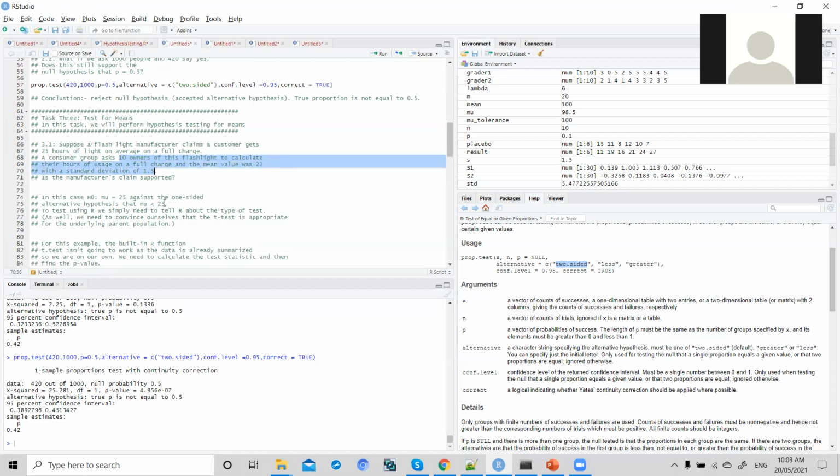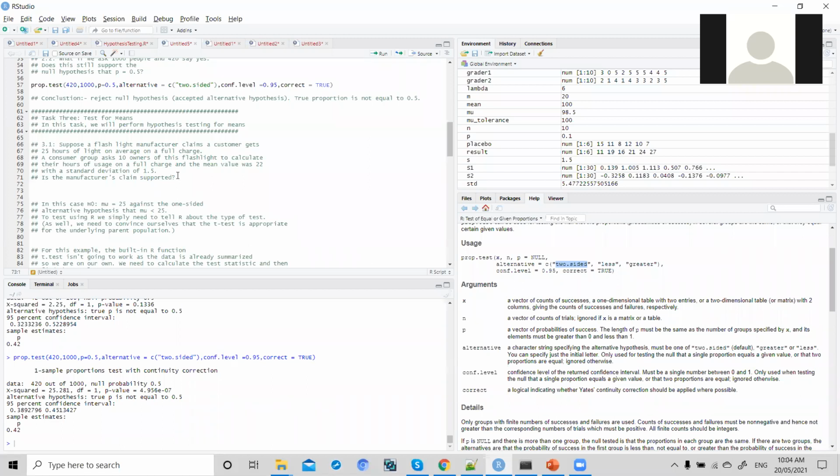So is this a proportion test or a t-test? This is a t-test, because here we are talking about mean, not proportion.